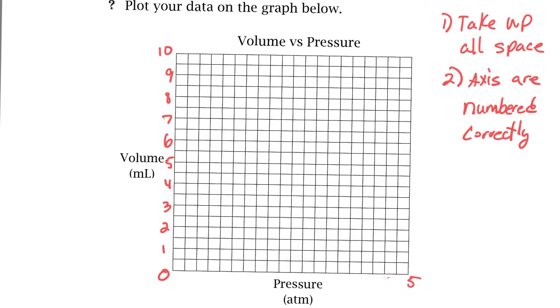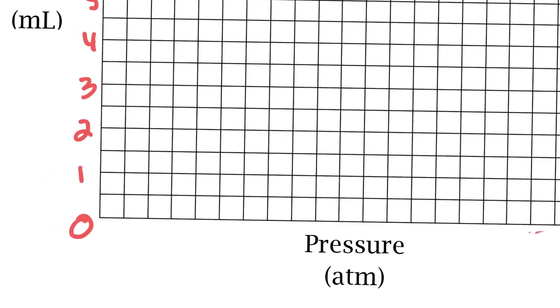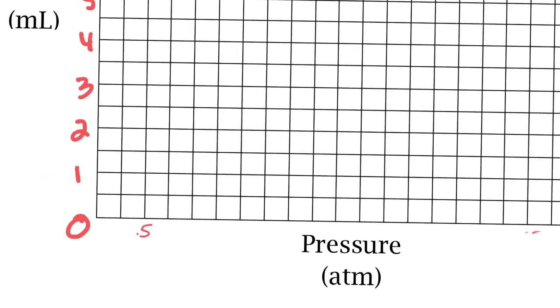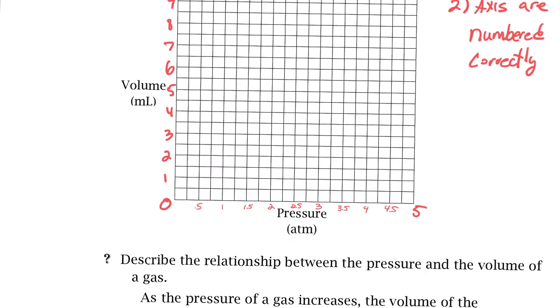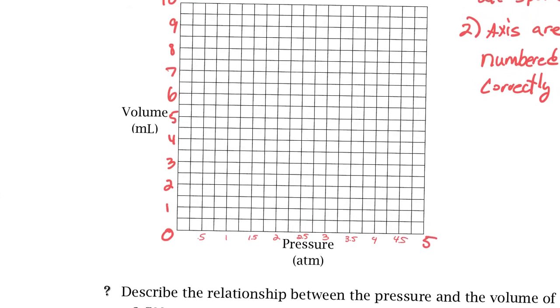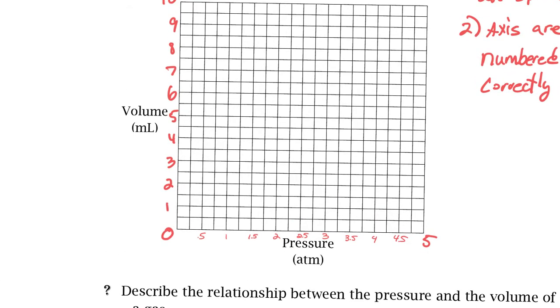Whoops, I did something goofy here. There we go. I did the wrong number. Back up. I can erase this very nicely. I'm going to zoom in so I can actually see my lines better. So 0.5, 1, 1.5, 2, 2.5, 3, 3.5, 4, 4.5.